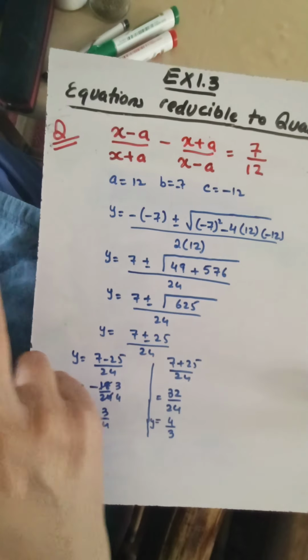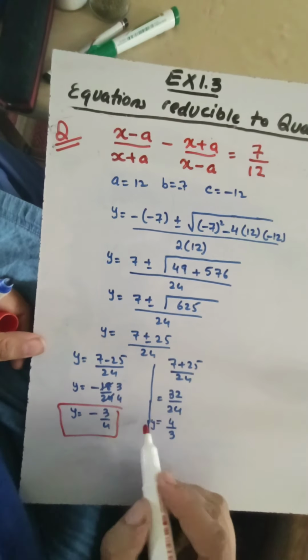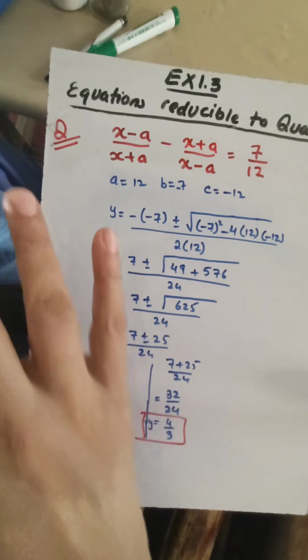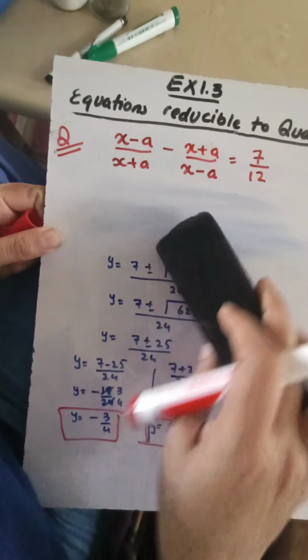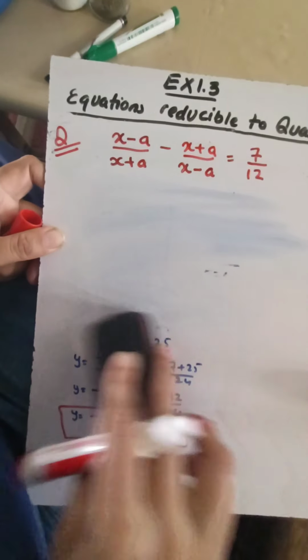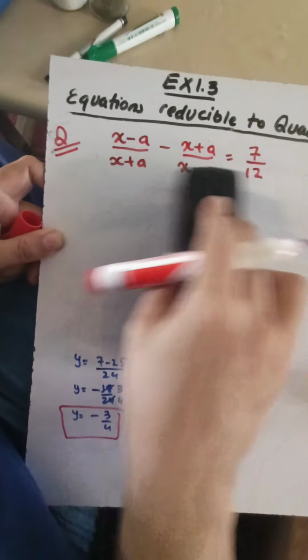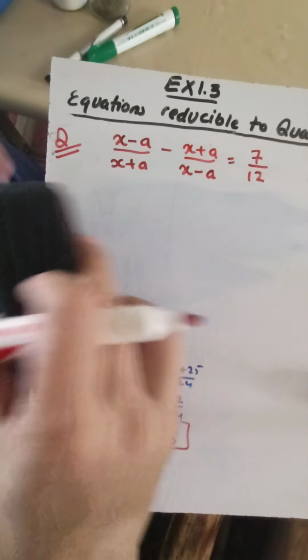Okay, now y has these two values, so let me write it here and let us go back to our equation, because the equation in y was just a guessed equation, an equation which I used for finding the solution.